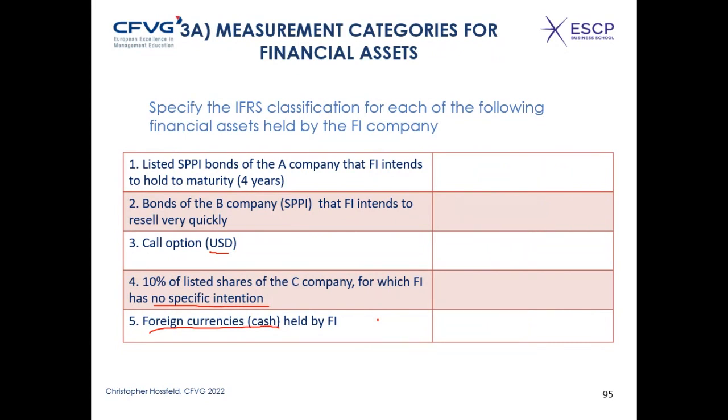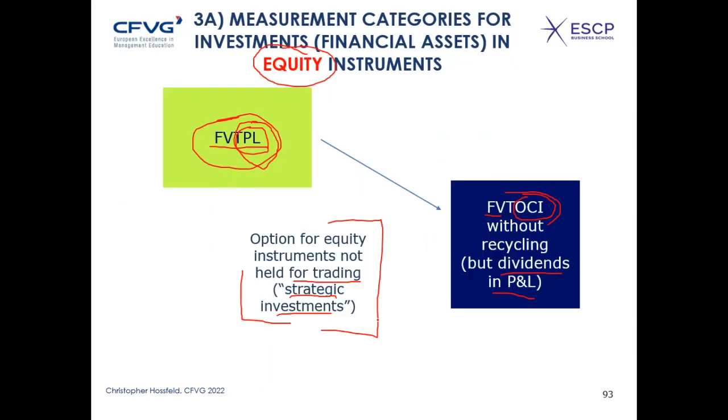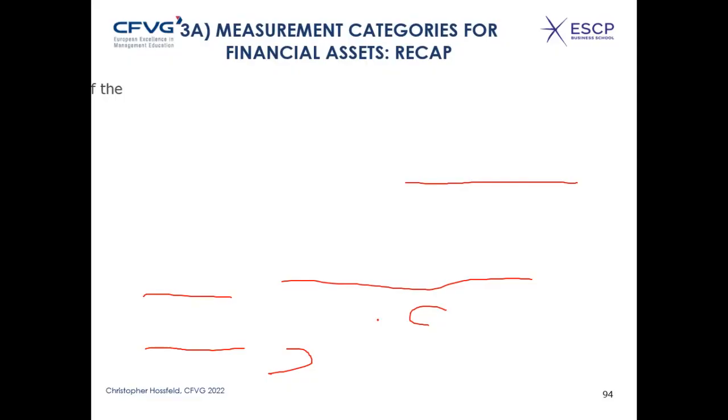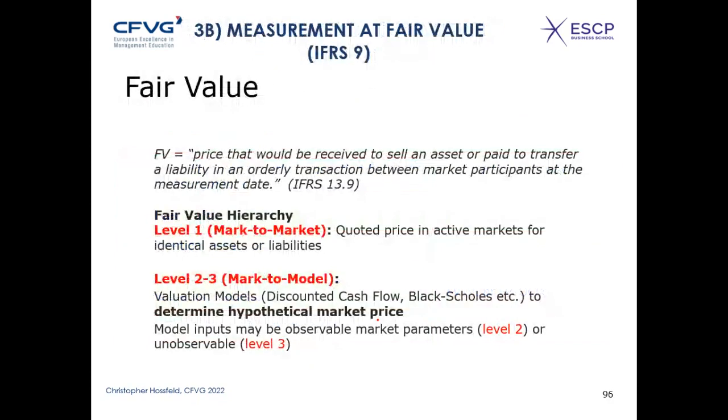Okay, so very important, I need to apply my decision tree for debt investments. For equity investment, it's a little bit easier, and based on that, upon investment, I classify my financial assets in one of those measurement categories. Okay, so far so good.